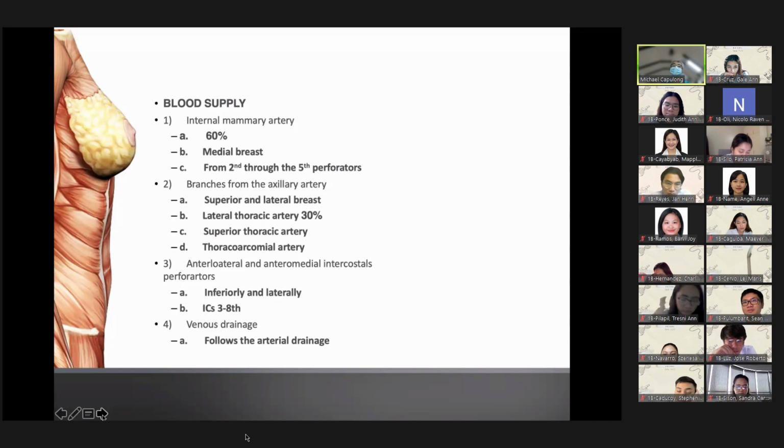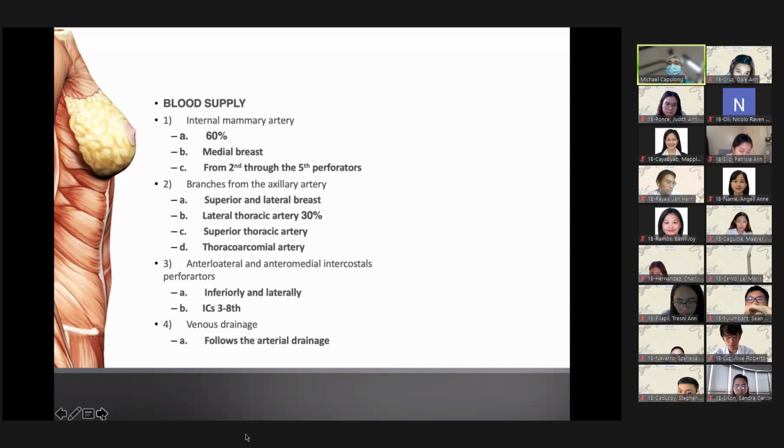Okay. So the major blood supply to the breast comes from your internal mammary artery. So you might ask, internal mammary artery, major supply of the breast, how come? The internal mammary artery is at the back, nasa likod. And we are talking about the breast, which is seen in the anterior thoracic wall.